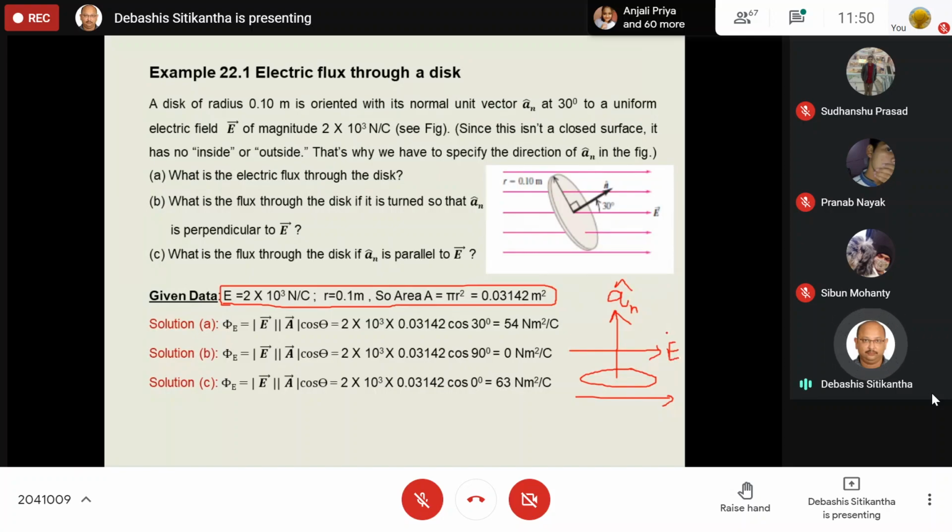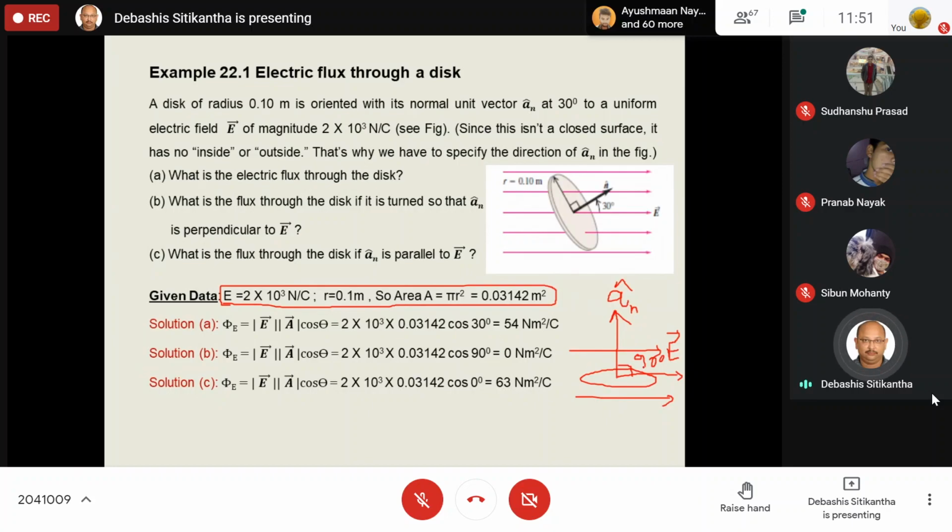Theta in this case is obviously 90 degrees, because theta is the angle between the E vector and the unit area vector, A n cap. So cos 90 degrees is 0, therefore the answer is 0.